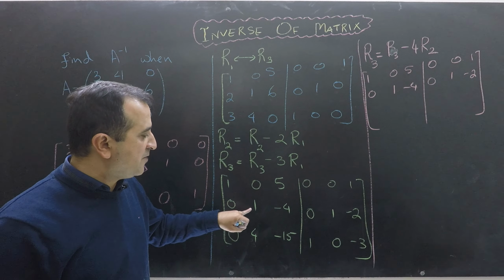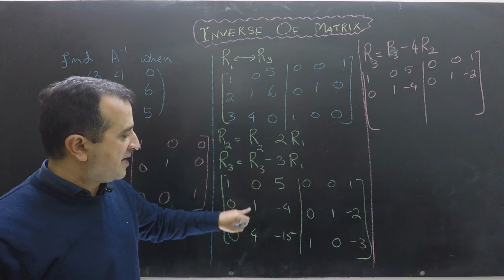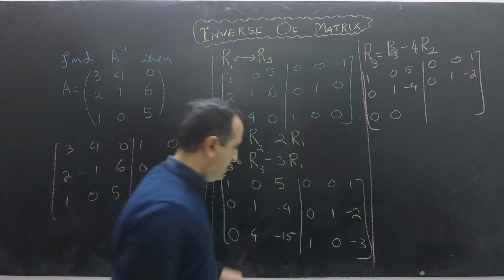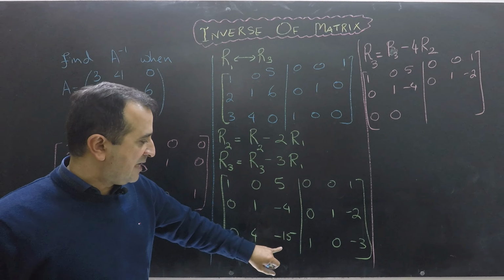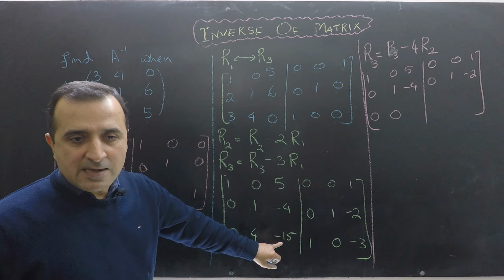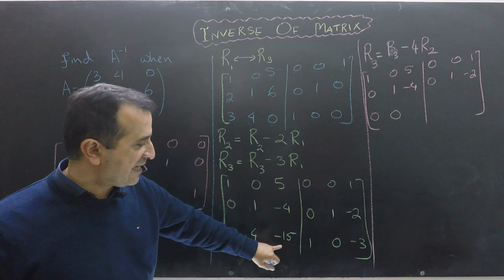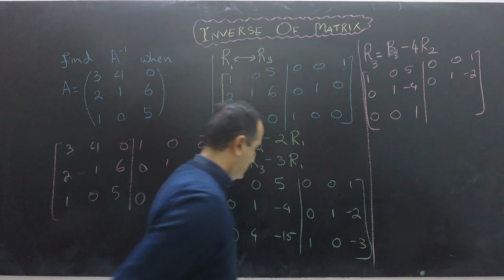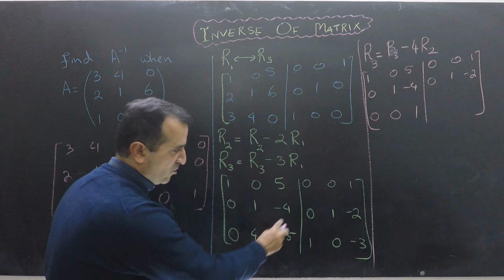Now I multiply this by 4, so it will be 4, and 4 minus 4 is going to be 0. I multiply this by 4, it is going to be minus 16, and then I say minus 15 plus 16 is going to be 1 here.